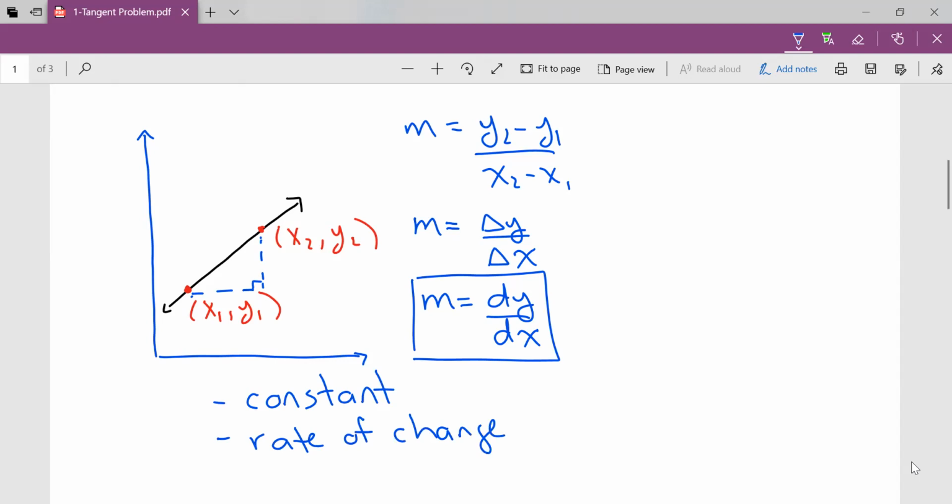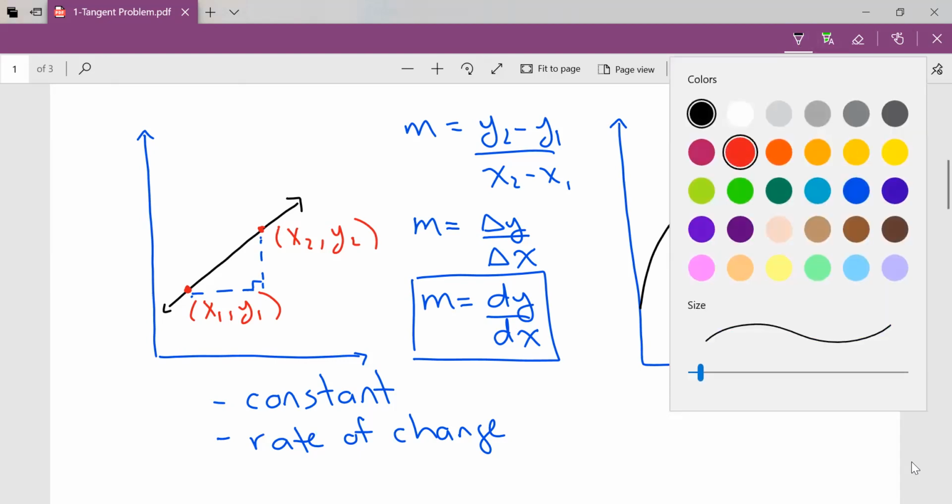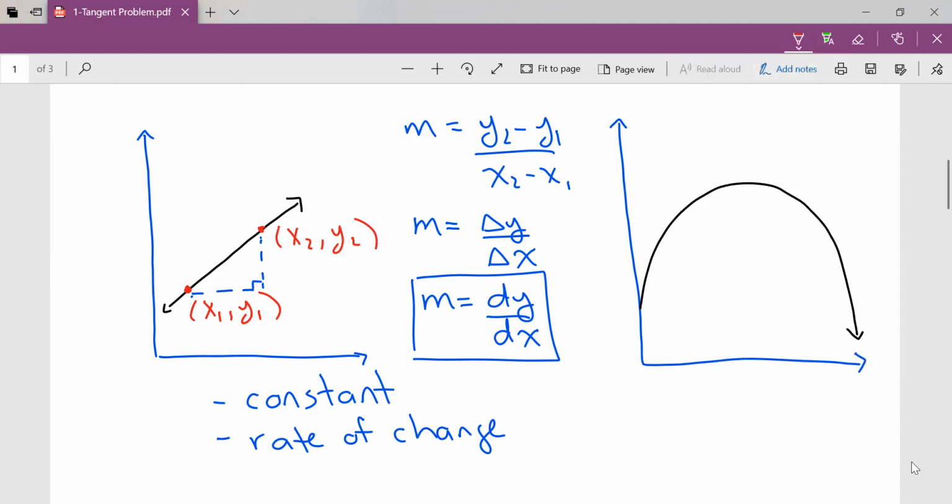All right, easy. Now I want to think about any of the other graphs that you've seen since grade 10, such as, in grade 11, a parabola. If I ask what's the rate of change on this graph, you can't tell me, because the rate of change is always different depending on where we're looking.